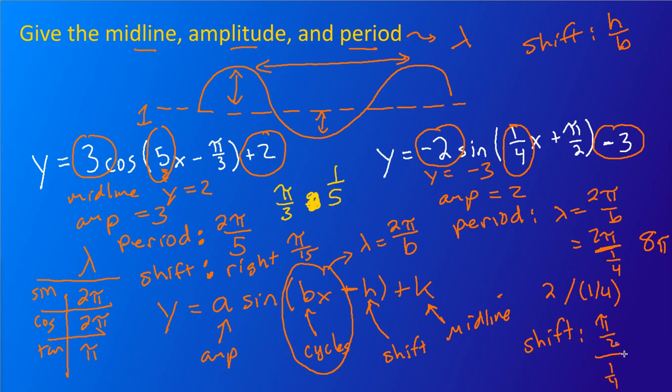This fraction bar means to divide, so I'm really doing pi over 2 divided by 1/4, and keep flip change again, and I'll get 2 pi is my shift. So there is one other thing that we might want to do for this. I'll come back to it at the end though.